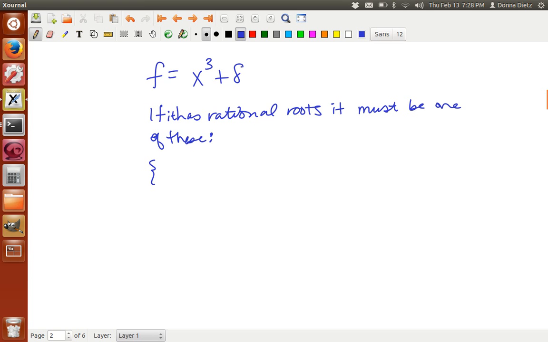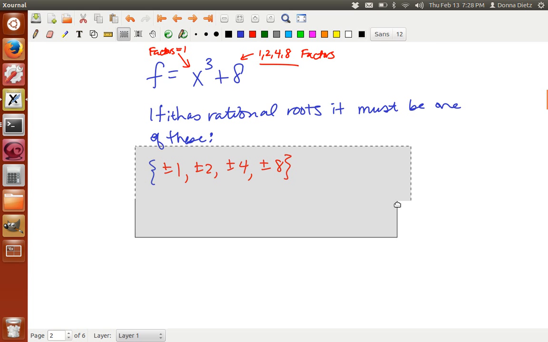In this case, we're lucky because 8 breaks up into 1, 2, 4, and 8. Those are the only factors. And the factors of the leading coefficient are just 1. So we take a factor of 8 and divide by a factor of 1. That's pretty easy. So plus and minus 1, plus and minus 2, plus and minus 4, plus and minus 8. Those are all the possibilities.